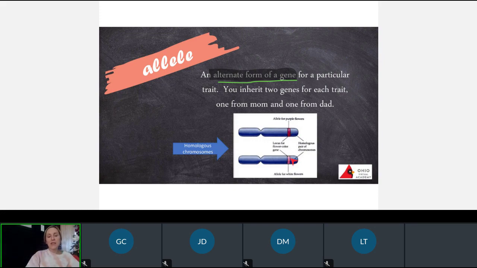Those bands code for different things. The allele from mom is on one chromosome, so the red band on this one is your mom's chromosome. Like the allele for eye color of your mom is right here. And below it is the allele from your dad. You get 1 allele from each parent, right? That codes for a particular trait. Allele. It's a form of a gene.